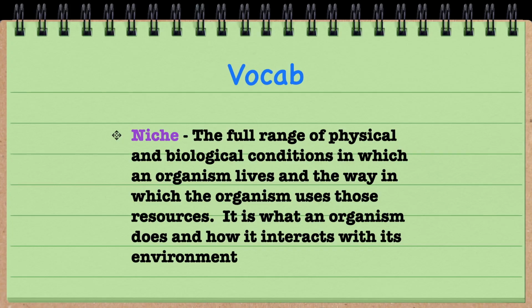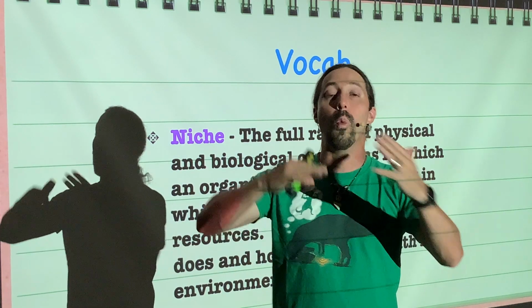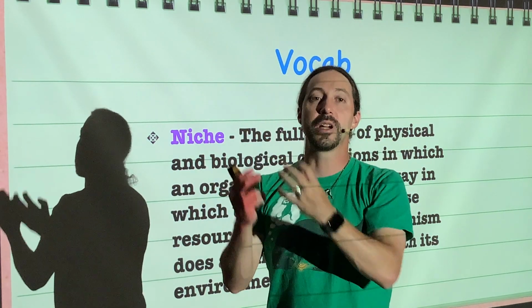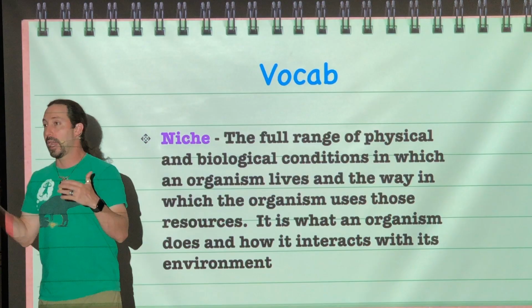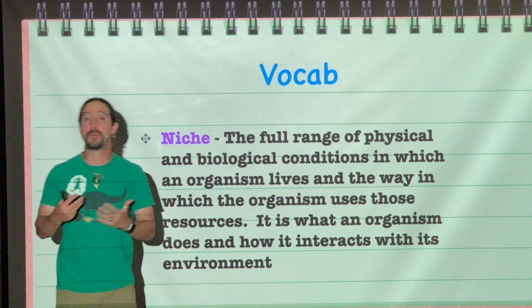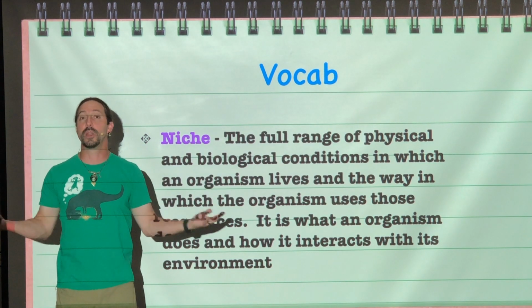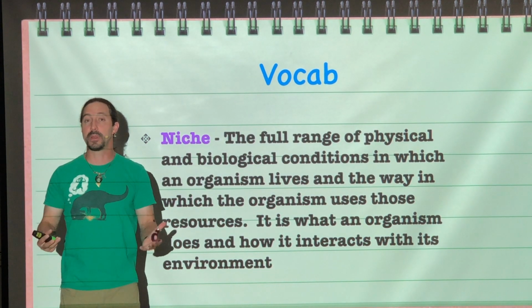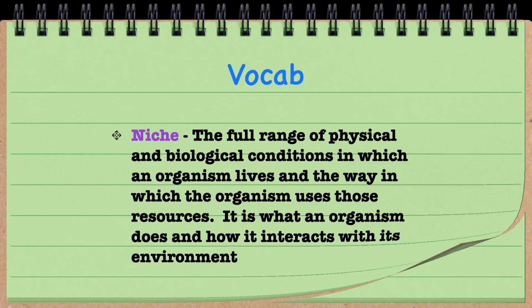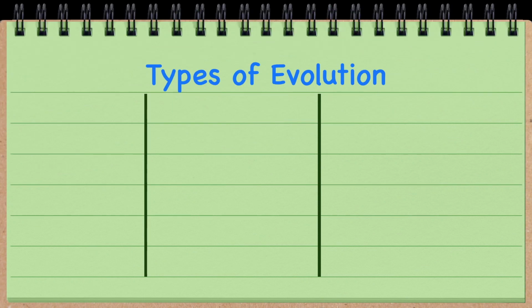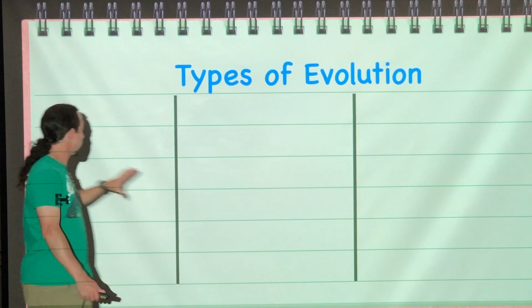They would be competing for the exact same resources, and over time, one organism would outcompete the other organism. The population that is most fit for that environment is the one that will survive, and the other population will die out. This leads to different types of evolution then.